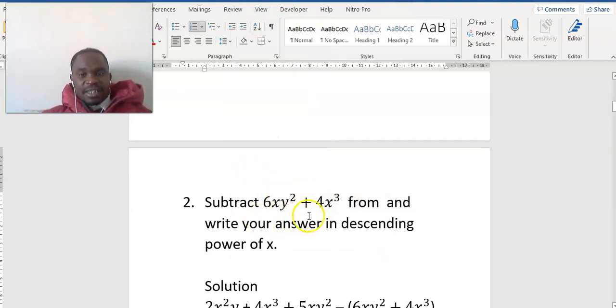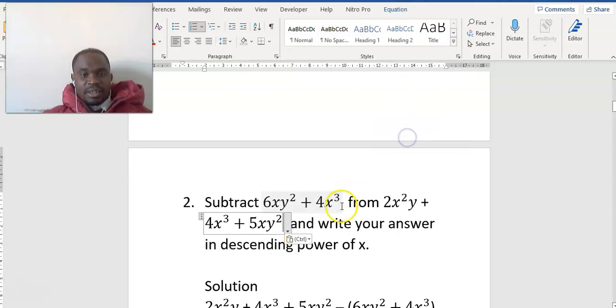So subtract this one from that one, which is this. So subtract this from this. So we have subtract this from this and write your answer in descending power of x.